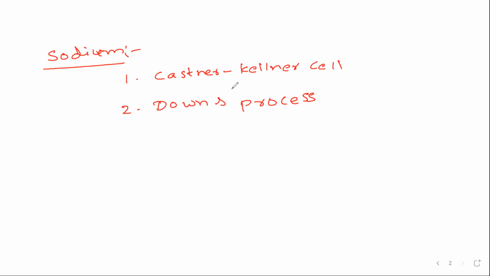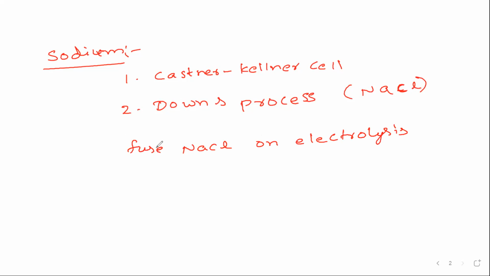Sodium is prepared from sodium chloride. Fused sodium chloride on electrolysis gives sodium, formed at cathode. Very, very important. This process is called the Downs process. Molten sodium is formed.